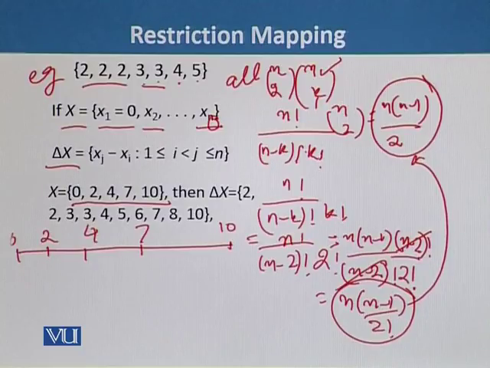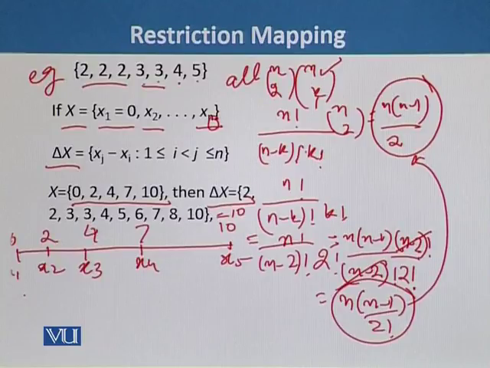For example, delta x will be 2, 2, 3, 3, 4, 5, 6, 7, 8 and 10. And we can also calculate like this if we assume 0 as x1, 2 as x2, x3, x4 and x5. We can then calculate the subsets of this set, which come out to a total of 10 elements.